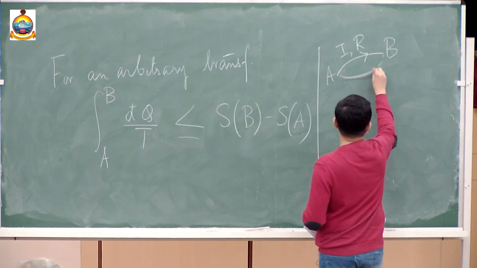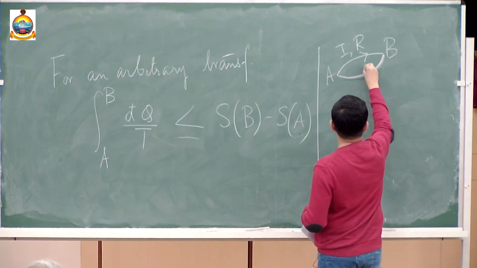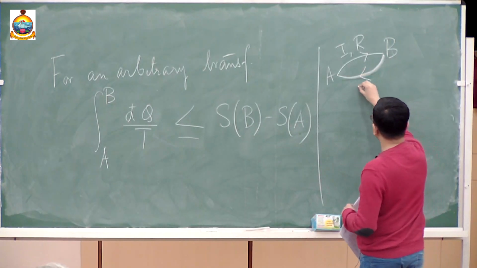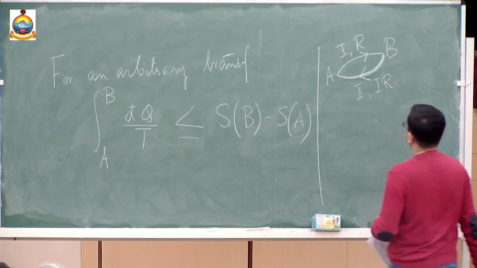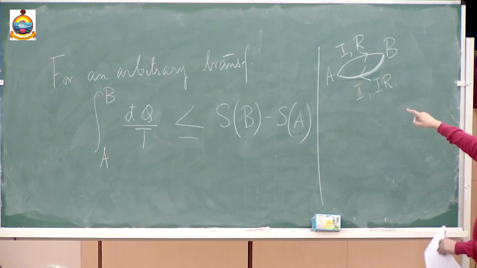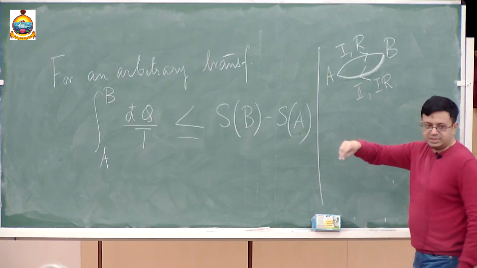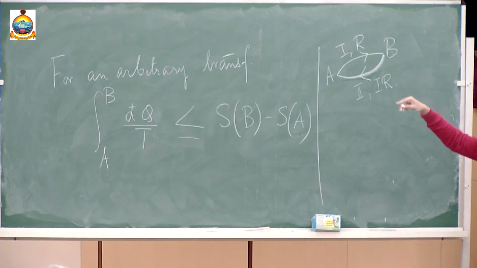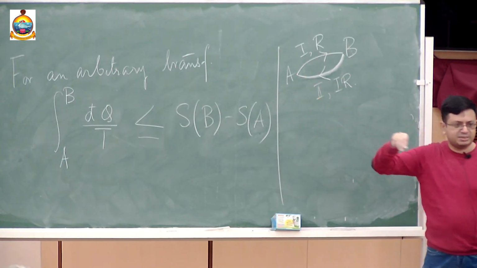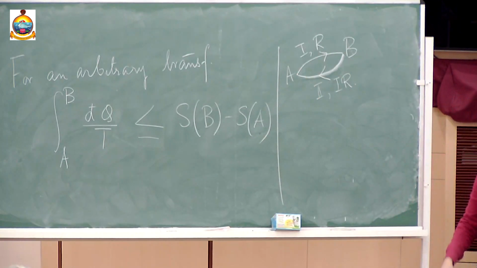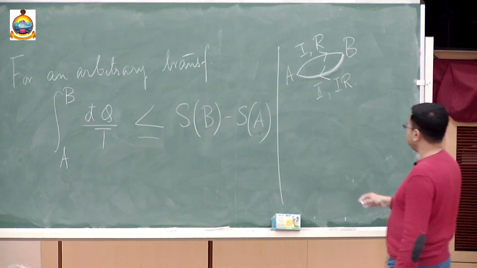So let me draw it this way. So this path 2 is irreversible. If one of the paths is irreversible, that makes the whole cycle irreversible. It's a cyclic transformation: I went from A to B but came back to A at the end of the day, and therefore it's a cyclic transformation.